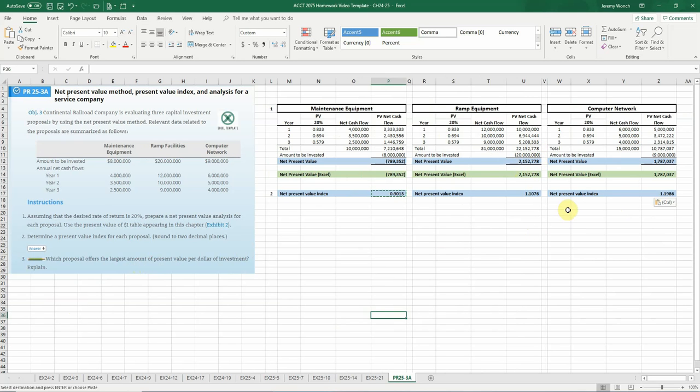But the highest net present value index number is right here, the computer network, because we're actually not that far off in the net present value of the project, except we have to invest way less. This is a $20 million investment where this is a 9. So if we're looking at total net present value, the ramp is the better deal. But total net present value per dollar is probably going to be our computer network.